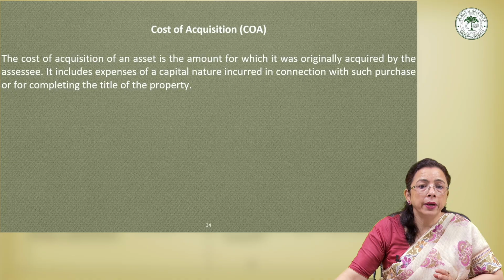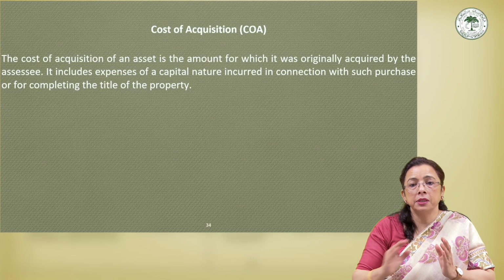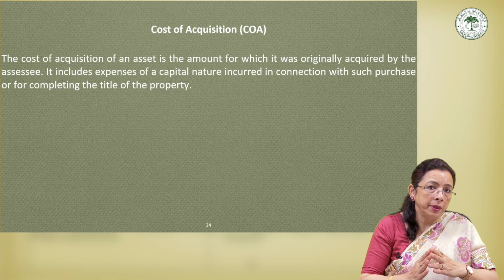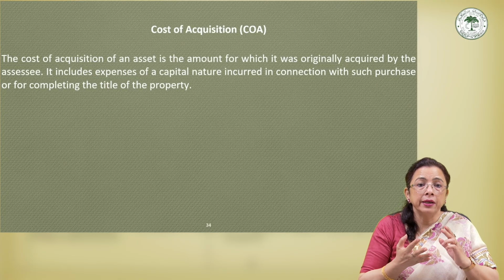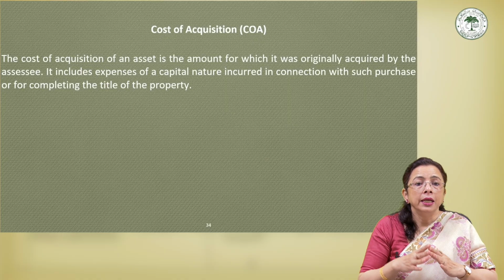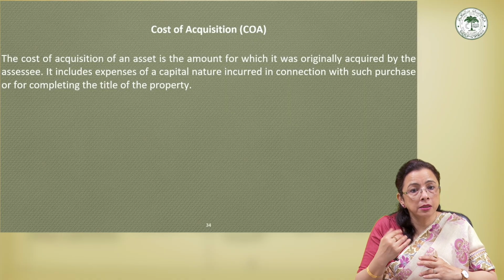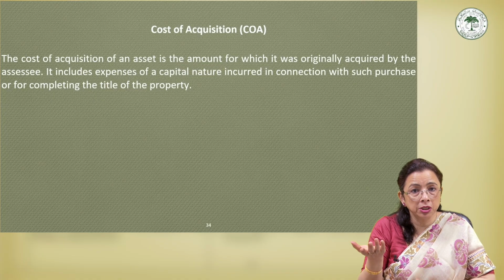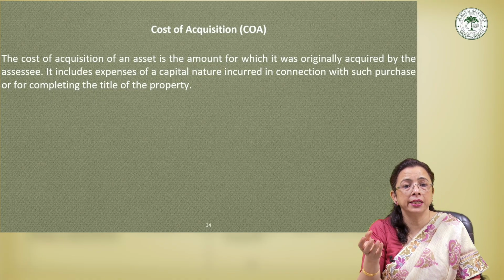For example, while purchasing a property, a person may incur expenses such as stamp duty, as you are aware, registration charges, because registry has to be done, and legal fees paid to advocates. They also pay brokerage or commission to brokers or commission agents.